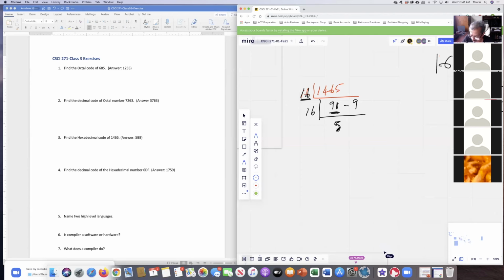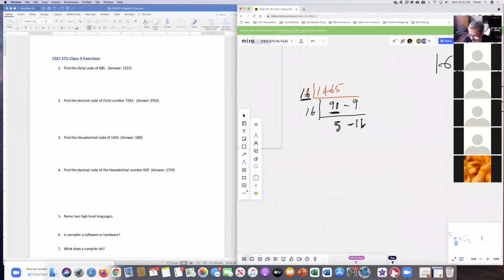Yes. Now 5 times 16 is 80, so the remainder is 11. Take 80 away from 91, you get 11. Oh, you subtracted from 91. Yes, to get the remainder.